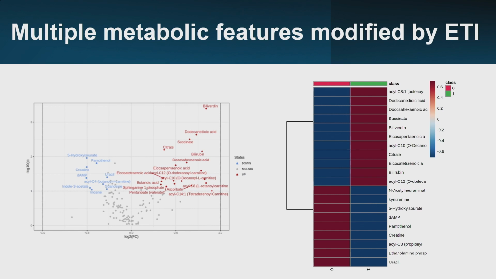The red are upregulated, the blue are downregulated. And in the upregulated, you do see a fair amount of representation of polyunsaturated fatty acids as well as acylcarnitines. On the left is a volcano plot, and what you can see there is a sense of the degree of fold change between the different metabolites.